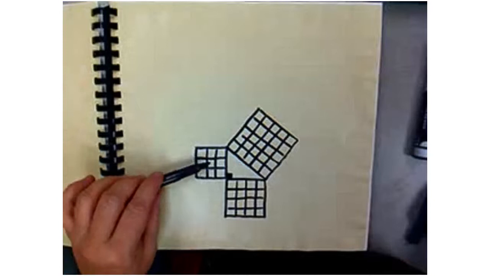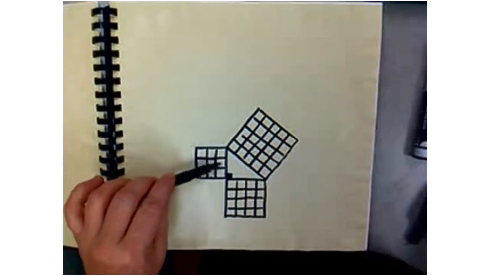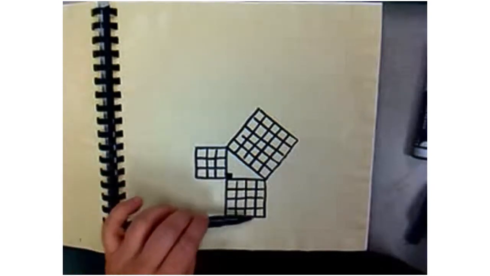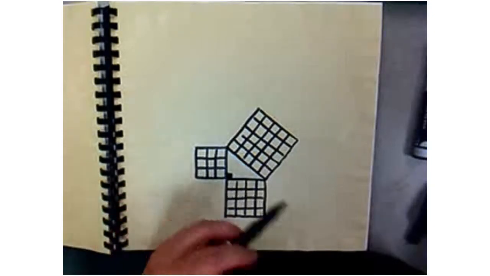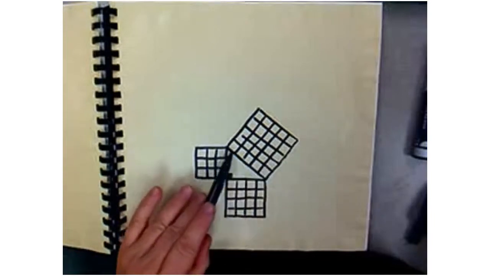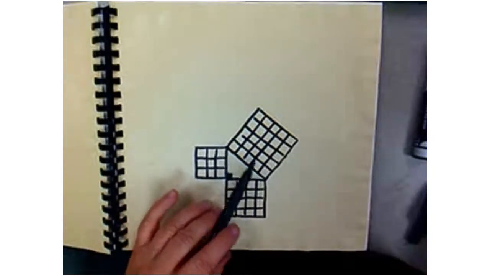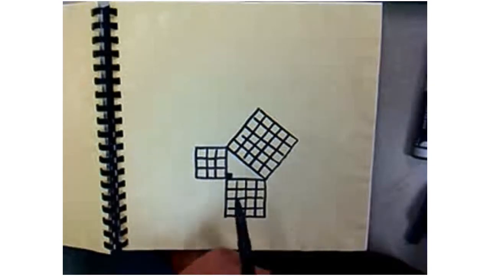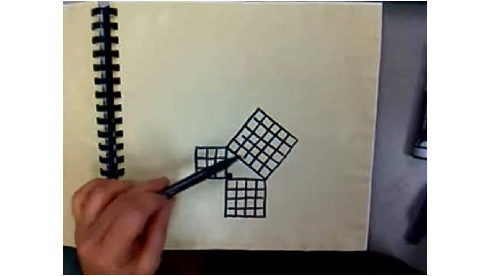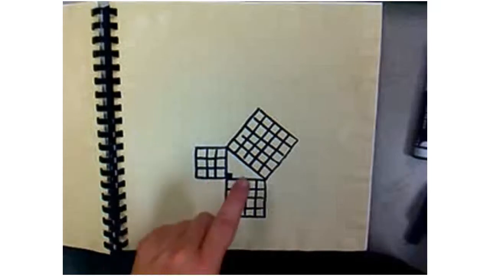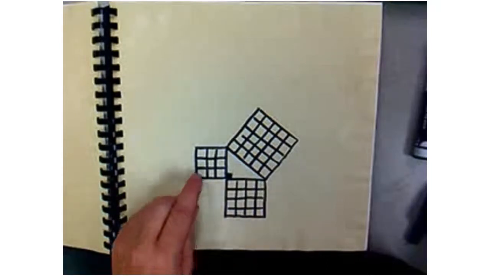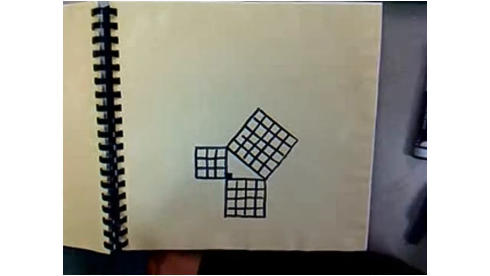If we add the 9 units of our leg square and the 16 units of our bottom leg square together, we get 25, which is the same number of units as the square created on the hypotenuse. So what this is showing in a graphic form is that 25 equals 9 plus 16, or 5 squared equals 3 squared plus 4 squared. It's showing and proving the Pythagorean theorem.